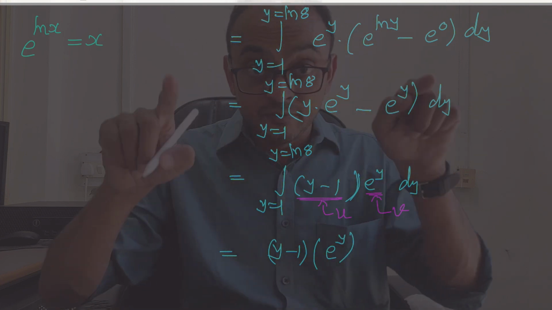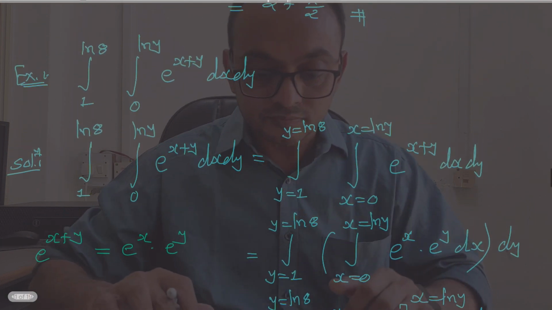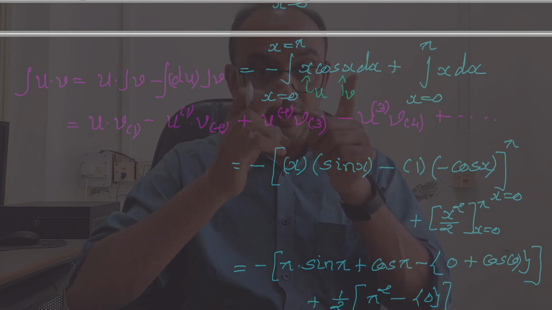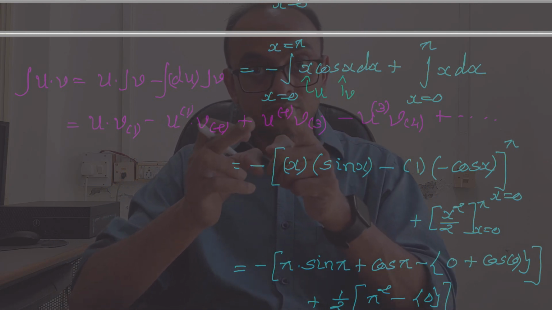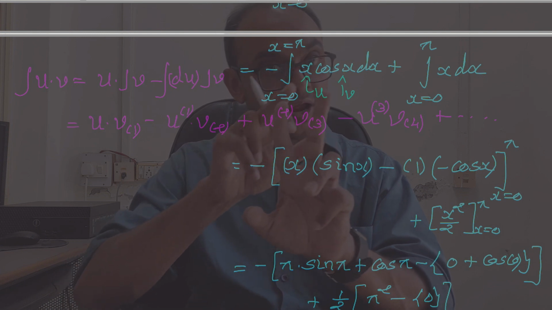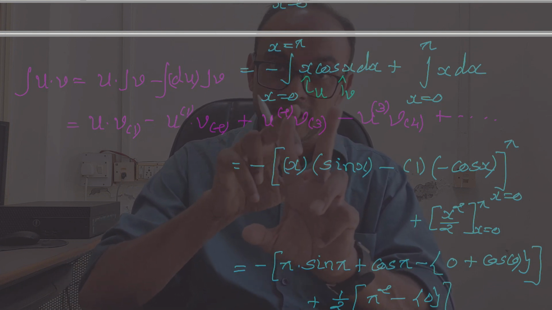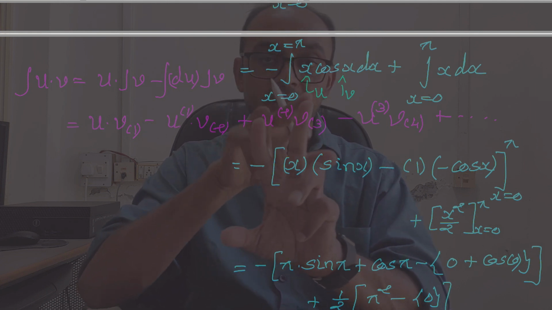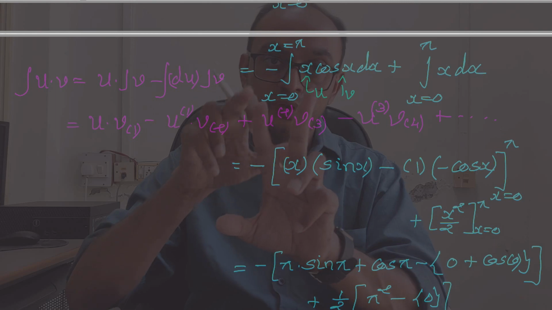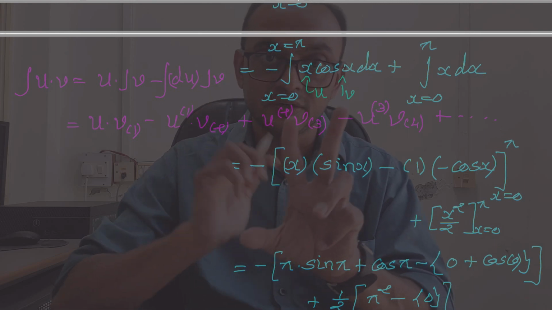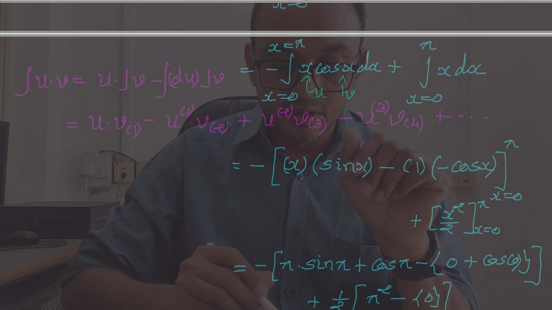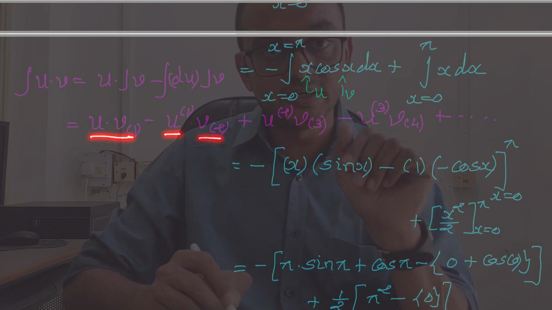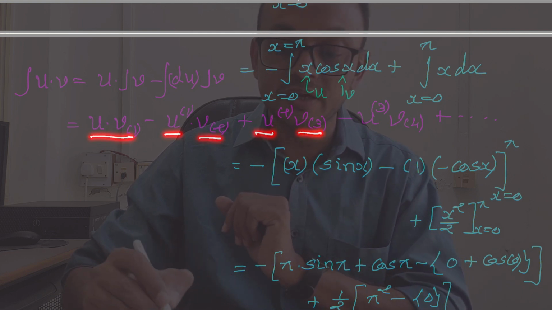Right. See, observe this rule. I have already written here: integration of uv is equal to... So I have two quantities, u and v. U, integration of v. Now we are working with these two brackets only. Derivative, integration, derivative, integration, derivative, integration. U integration of v, derivative of u, integration, again derivative, integration.